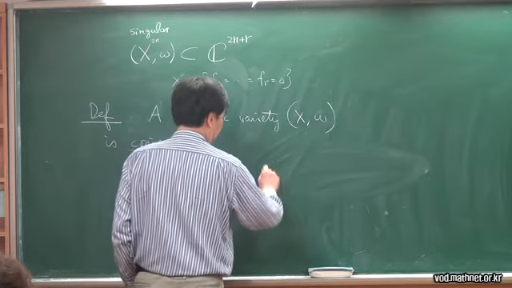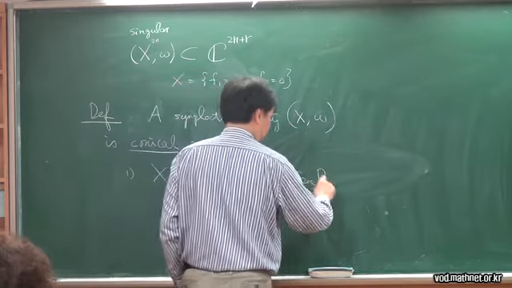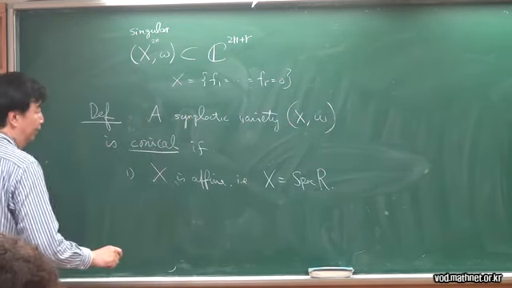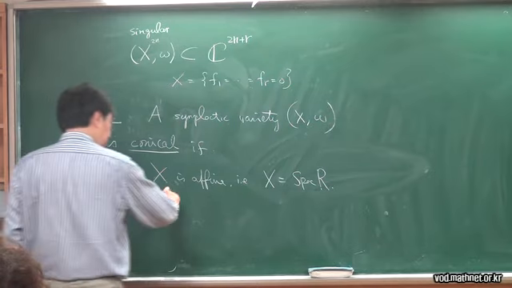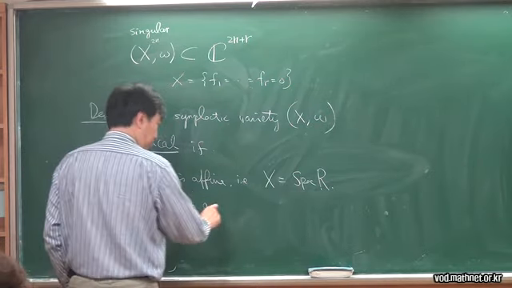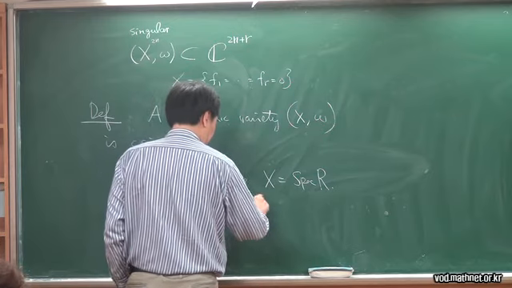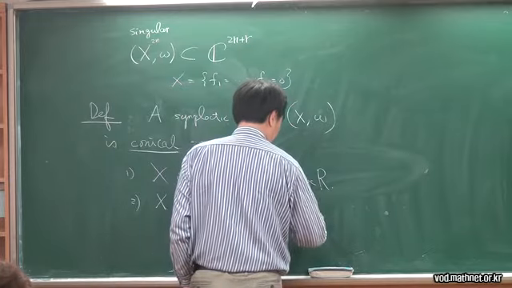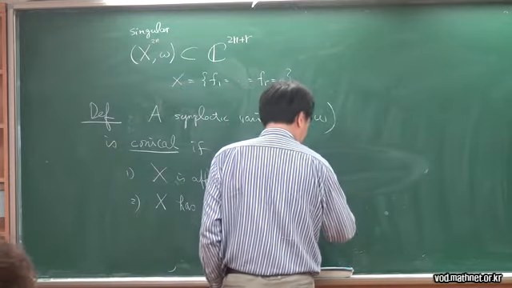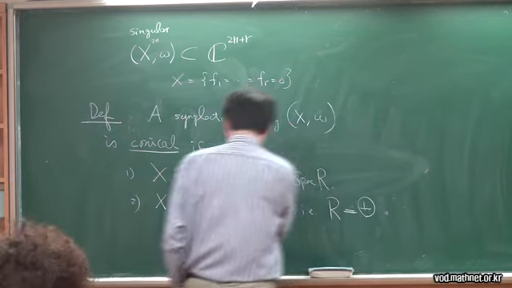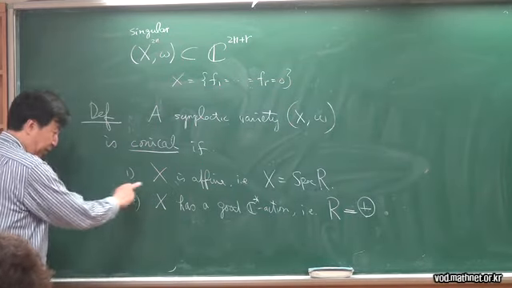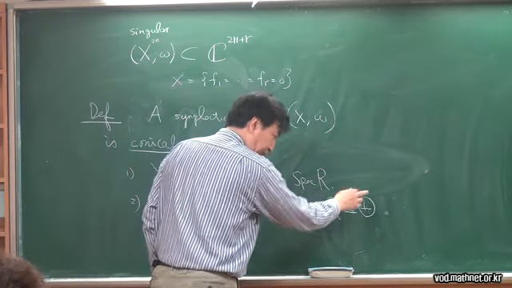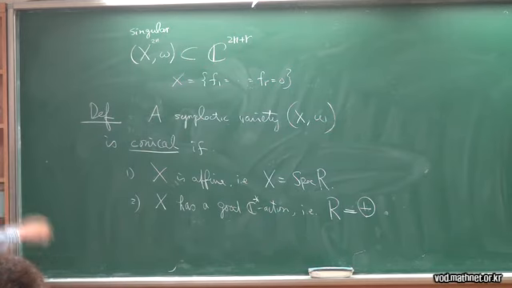So that means X is the spectrum of some ring R finitely generated over C. Second, X has a good C-star action. That means, explicitly, this R is graded. If X has a C-star action, then R is graded by the weight of the C-star action.